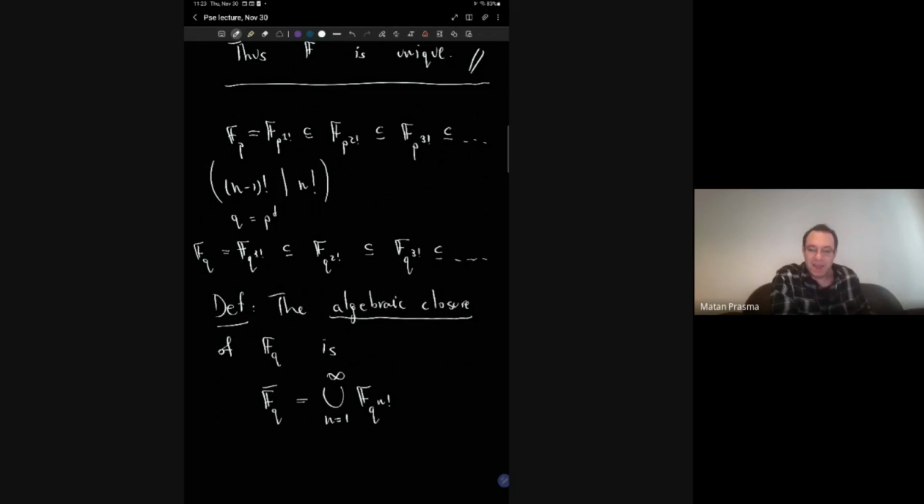And of course the algebraic closure is no longer a finite field, but nevertheless it's very useful for us in studying finite fields.